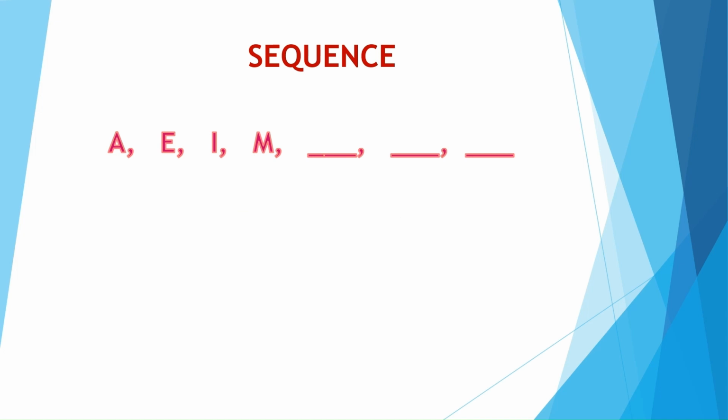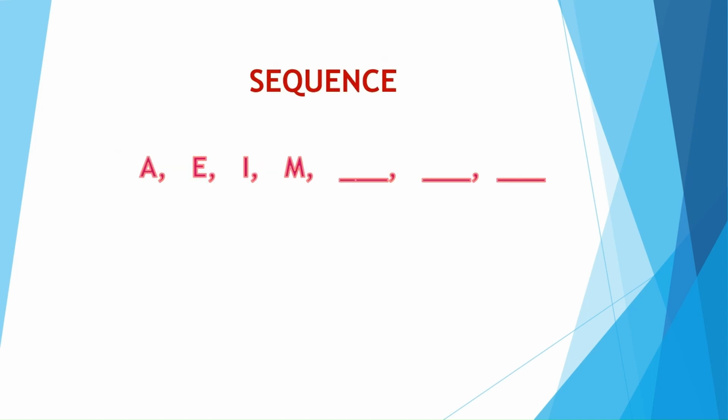We have here a sequence A, E, I, M, after which we need to identify the last 3 letters after the letter M. To answer this, we need to determine first what is the pattern.